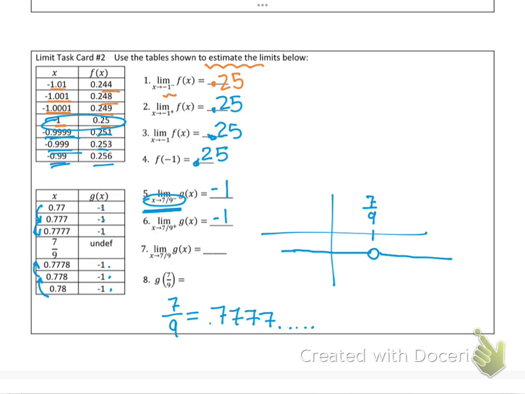So even though the function's undefined, since we're approaching the same output from the left and the right, the limit exists and equals -1. And g of 7/9 would be undefined. The function does not exist there.